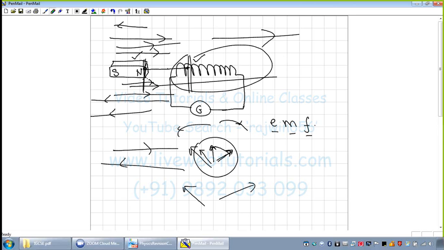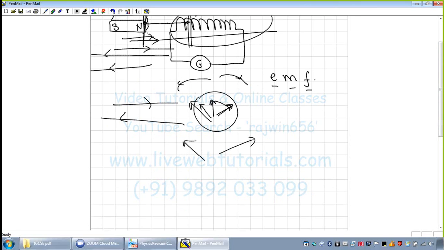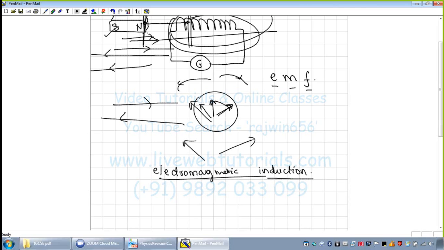Now this particular effect is known as electromagnetic induction. It simply states that wherever there are magnetic field lines associated with a closed coil, when the magnet is moving with respect to the coil, or even if the coil is moving, there is relative motion between the magnet and the coil.